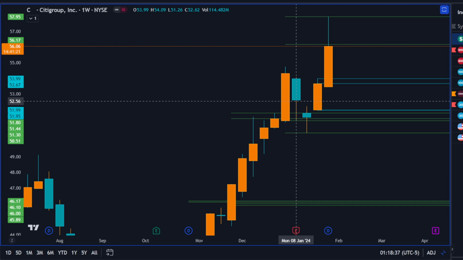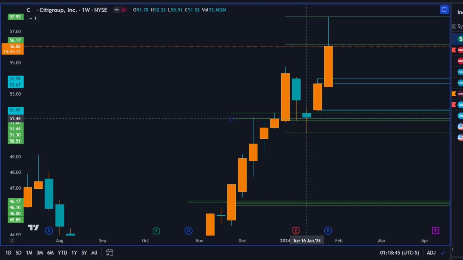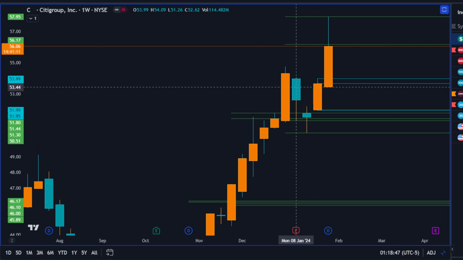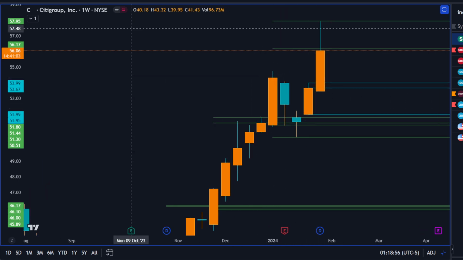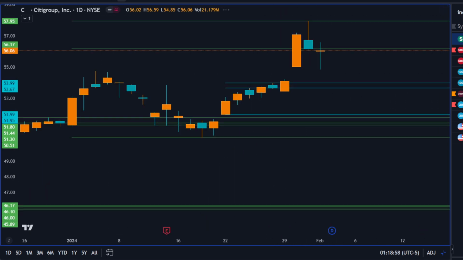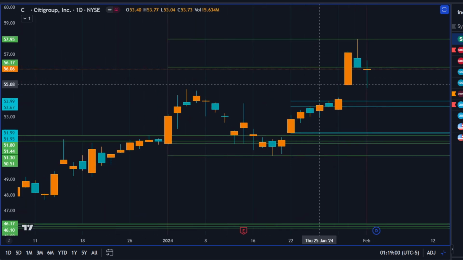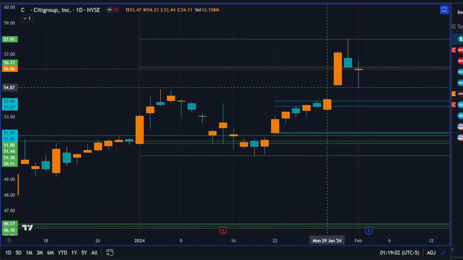So you can pick really any one of these. But you don't want to be putting too many levels on top of each other because it's just not very good. Okay, when we get into the S&P, when we get into the NASDAQ, I will show you some protocol for working with weekly ranges that do not overlap, okay?